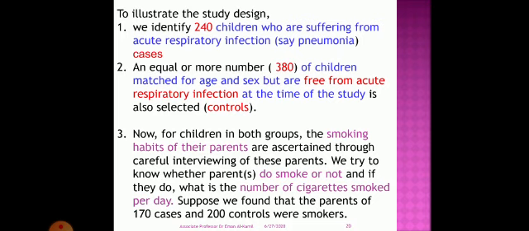So suppose we found that the parents of 170 cases are smokers. So 170 children who have pneumonia have parents who smoke, and 200 children from the controls also have mothers who smoke.